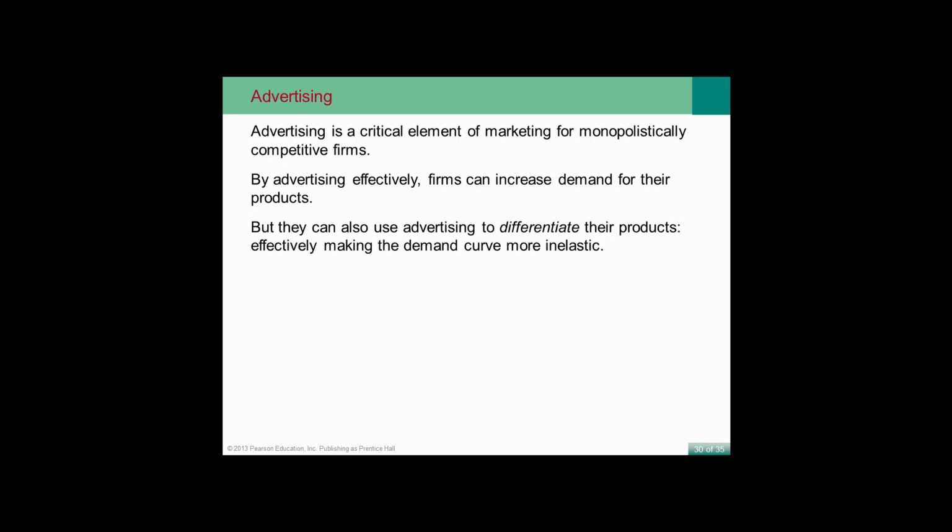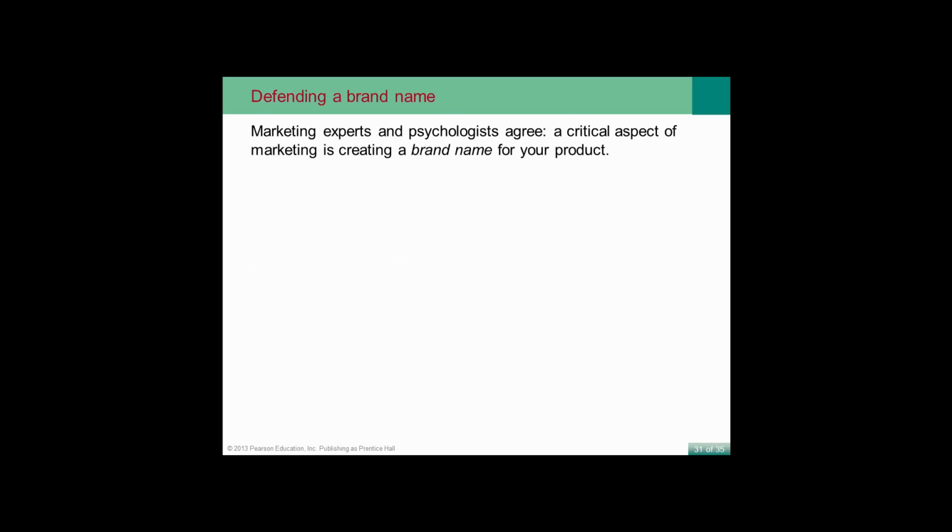A lot of what I would say about Elms is that Elms truly cares about the student's success. I'm not saying other people don't care, but it separates us from others. So firms also use advertising to differentiate their products, effectively making the demand curve more inelastic. If you feel we care more, you're less sensitive to price adjustments, right? This allows firms to charge a higher price and earn a short-run economic profit.